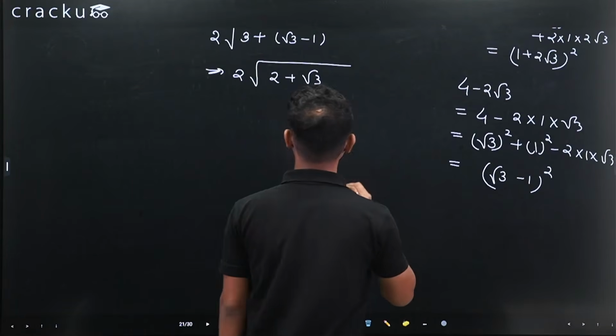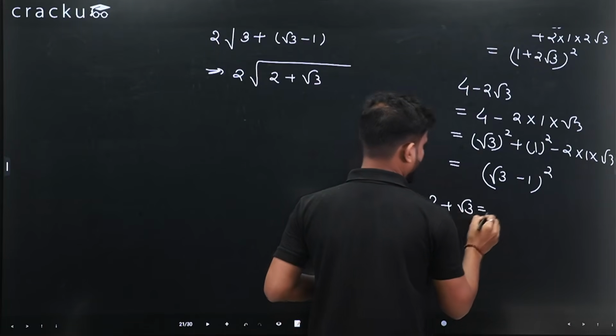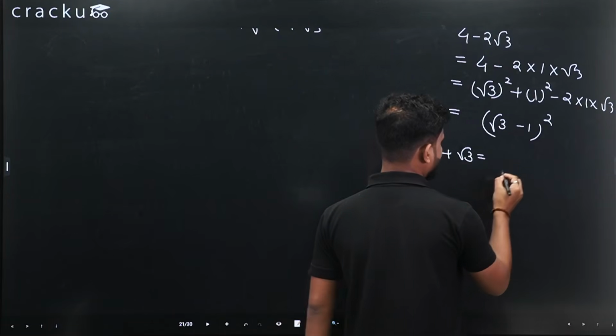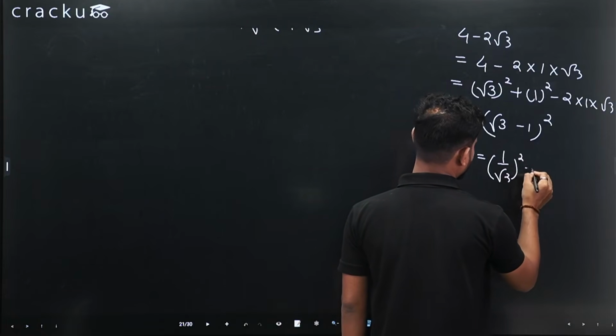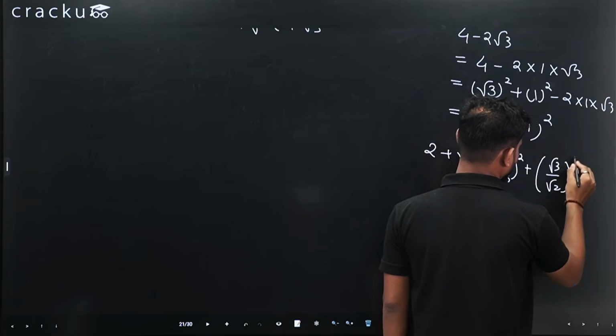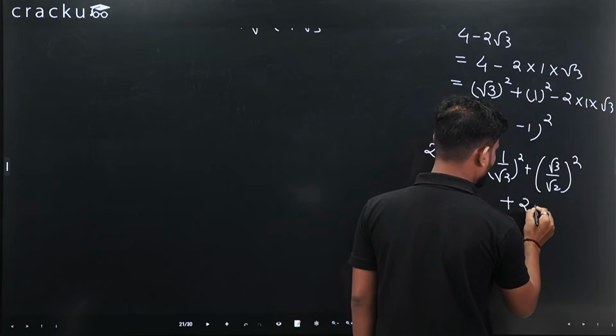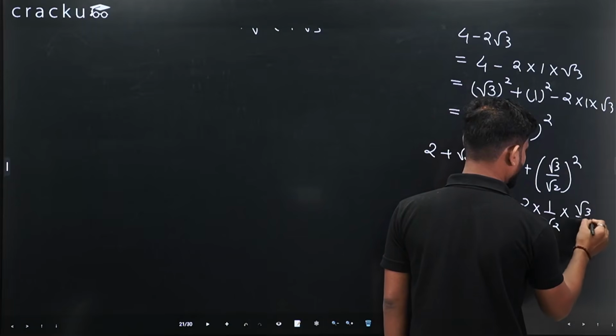Now this 2 plus root 3 is there. So 2 plus root 3. I can write this as what? I can write this as 1 by root 2 whole square plus root 3 by root 2 whole square plus 2 into 1 by root 2 into root 3 by root 2.